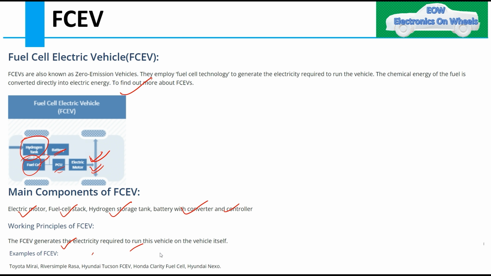There are some constraints, there are different storage limitations. So this is in an evolving phase. It is not yet developed, and mostly OEMs are working on this technology for commercial vehicles, not for passenger vehicles.